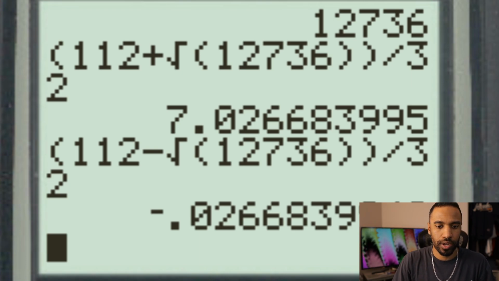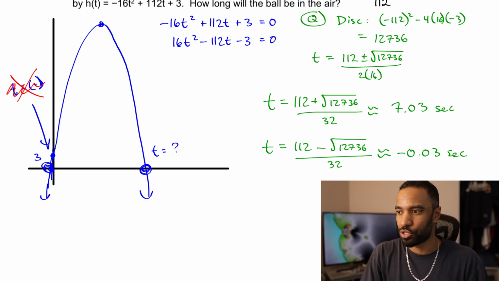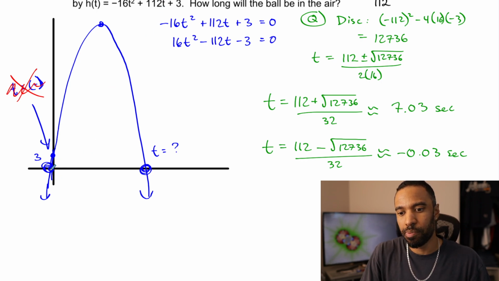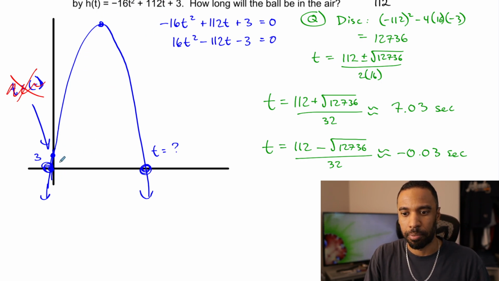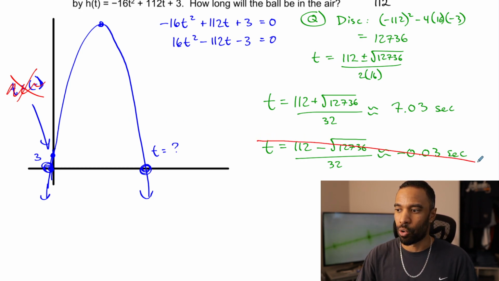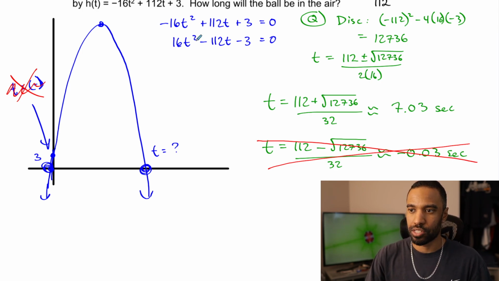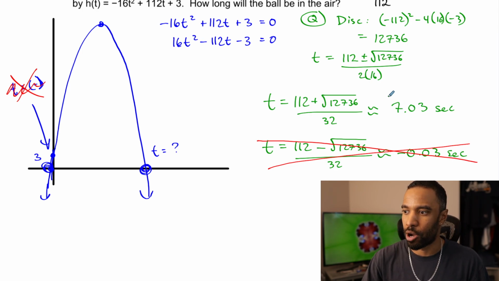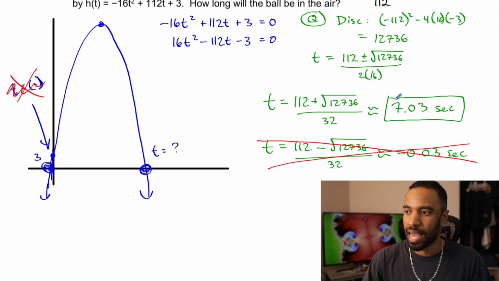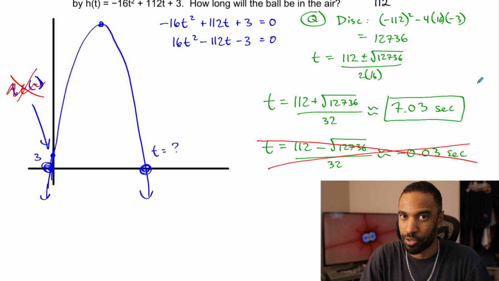Okay, so here's what you're going to see now that I use the calculator, because I'm almost done. I got 2 different answers for t. This is time. I can't have the ball before the ball hits, so this does not apply to our model. Our domain starts at t equals 0 seconds. So this part is ignored. The negative answer is not true. This one is the correct answer. How long will the ball be in the air is also asking how long it will take to hit the ground after it is hit by a bat.